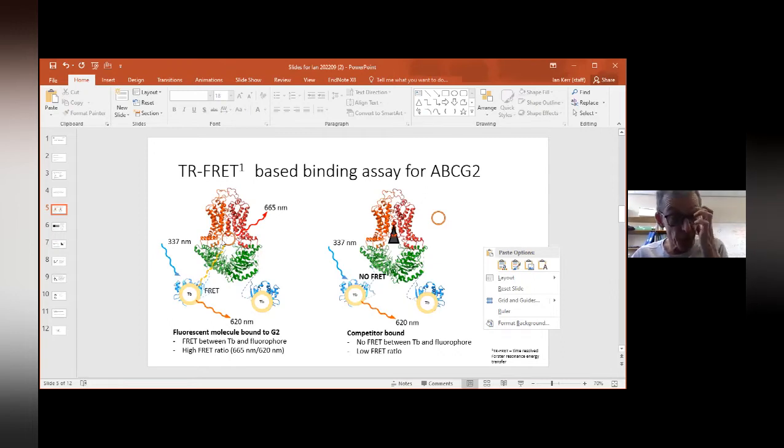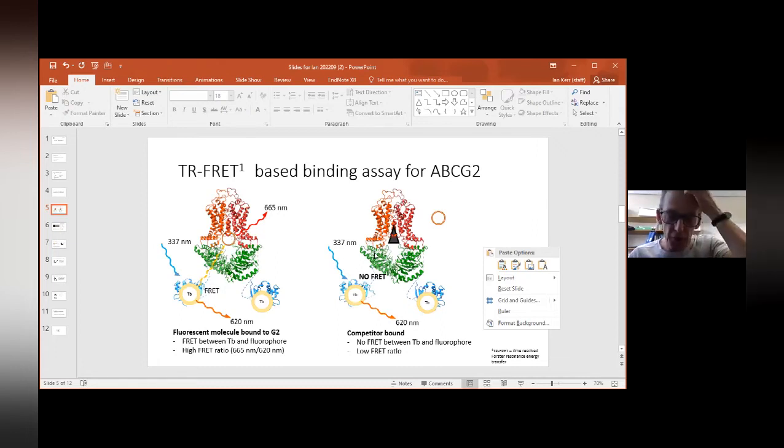And this fluorophore is accepting resonance energy from a terbium atom. And that resonance energy transfer can be detected to show that a fluorescent molecule binds to ABCG2. And I'll explain more how we get the terbium atom near our fluorescent compound in a minute.